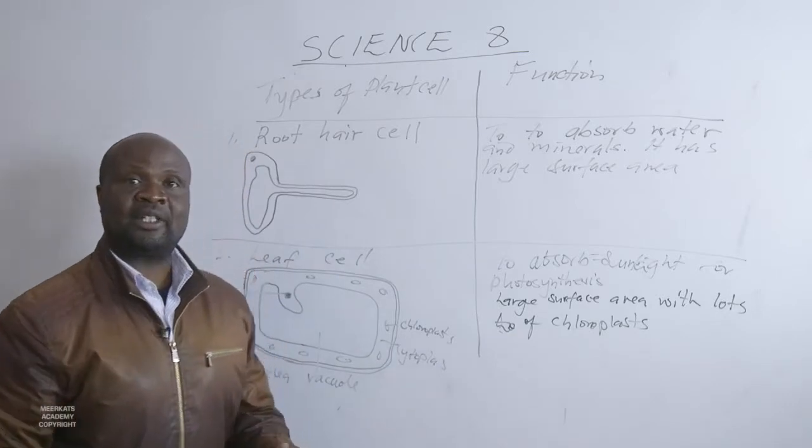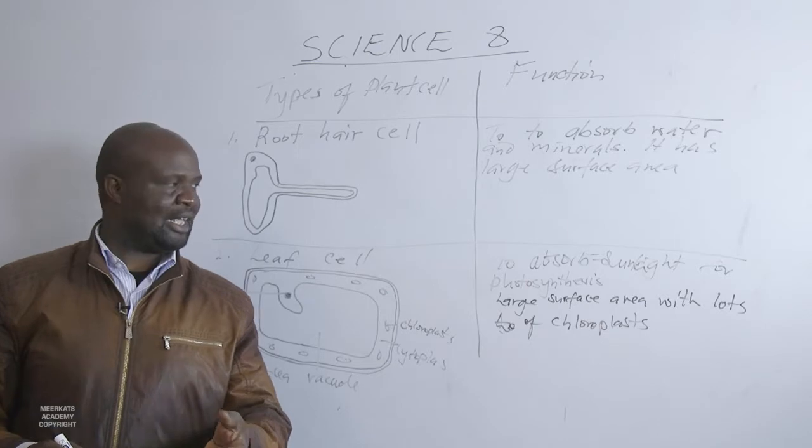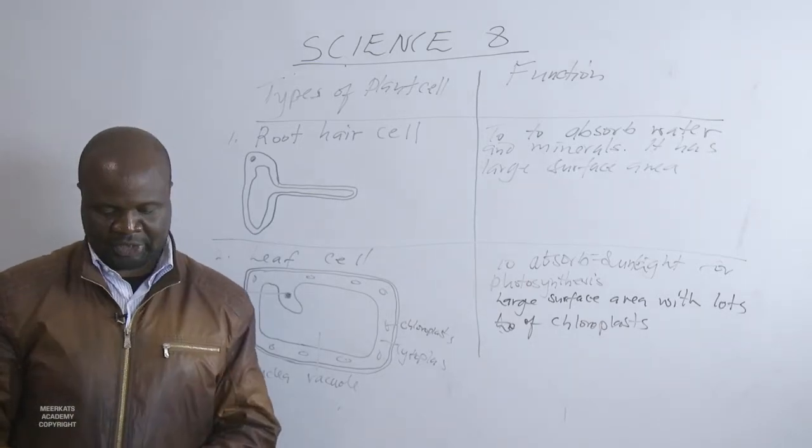Why lots of chloroplasts? So that it can trap the light energy from the sun and change it to energy to produce its food.